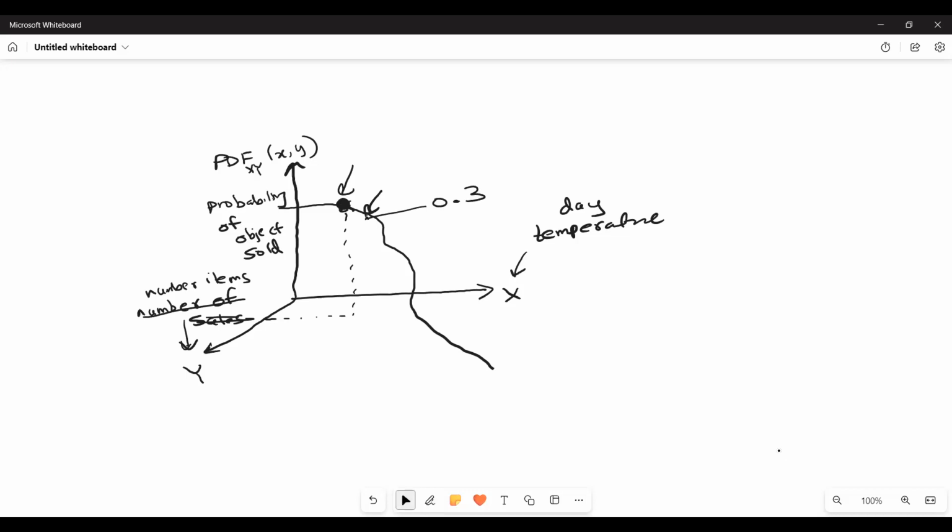So maybe using that conclusion, the seller can decide that after a certain time in the day, he doesn't need to sell the item anymore. The probability of getting sold is maybe 0.3 or even lesser than that. There's not much use in selling that item. So using the probability density function, they can decide what is going to happen in the future.